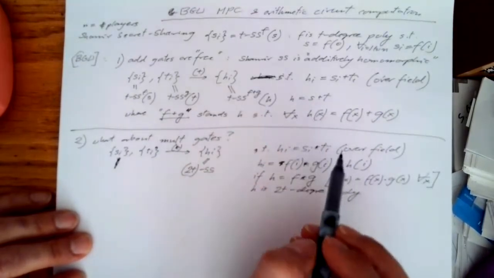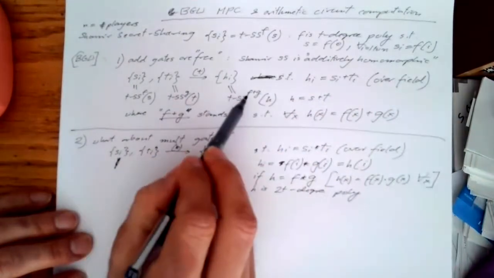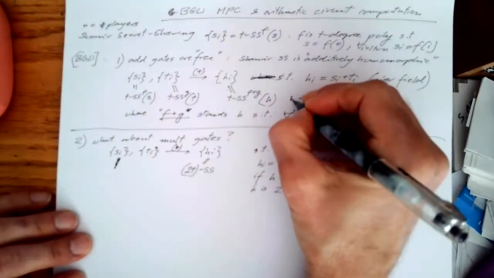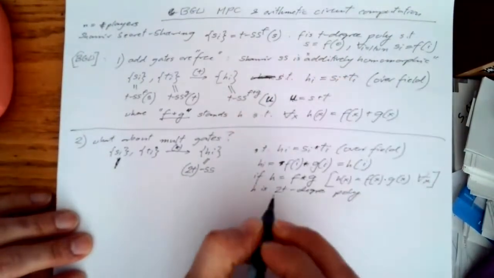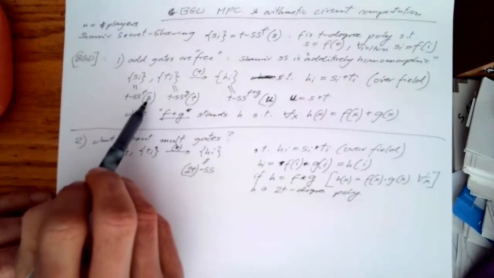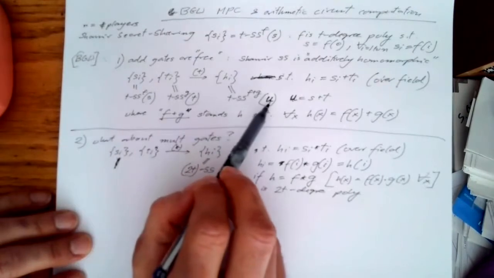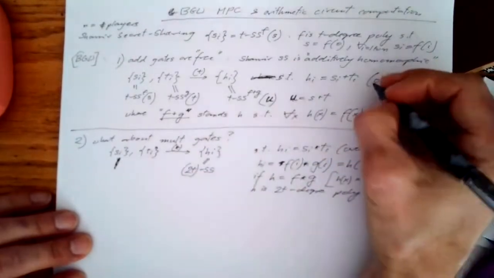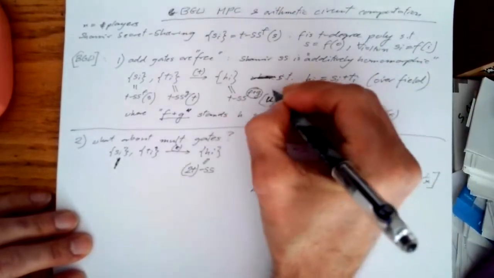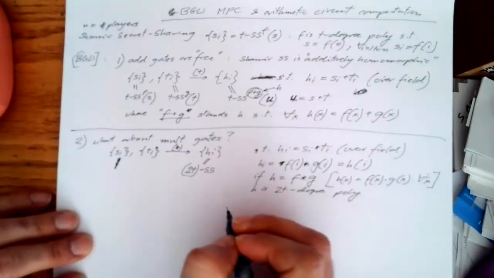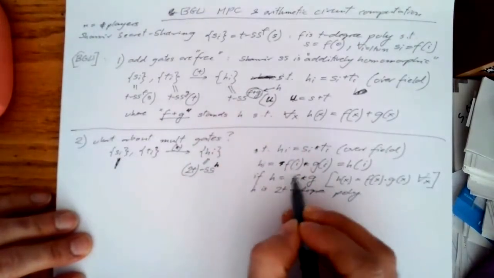I called h the value and the function at the same time, so let's change this to make the value equal u. To keep them separate: the value is s, the function is f. The value is t, the function is g. The value is u, the function is h. So I have this function h, which is the product.